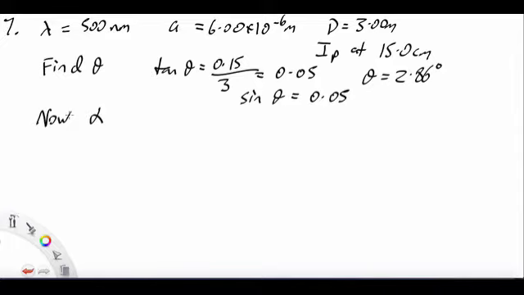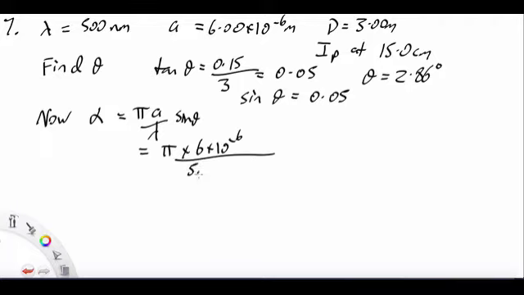So now, since we're looking at intensity, we need the intensity equation that has alpha in it, and alpha was pi a over lambda sine theta, which is pi times 6 by 10 to the minus 6 over 500 by 10 to the minus 9 times 0.05 equals 1.883.